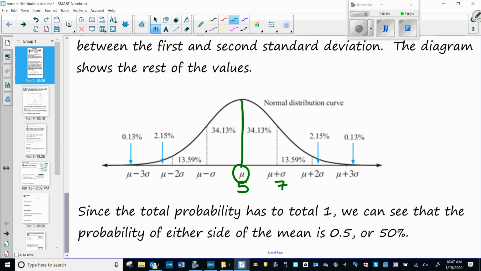If they asked what's the probability that something's between those two, you'd say 34.13. Equally, between 5 and 3, same situation, because it's symmetrical. Between 5 and 9, because that's 2 standard deviations, we've got another 13.59. So all of this together would be our probability.